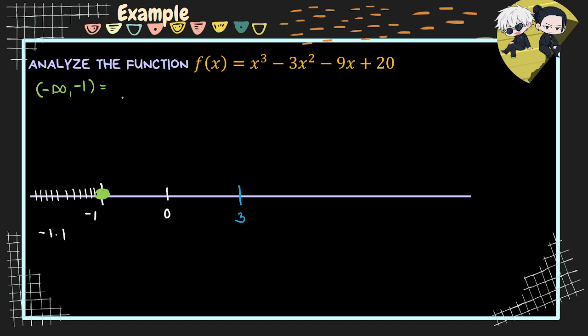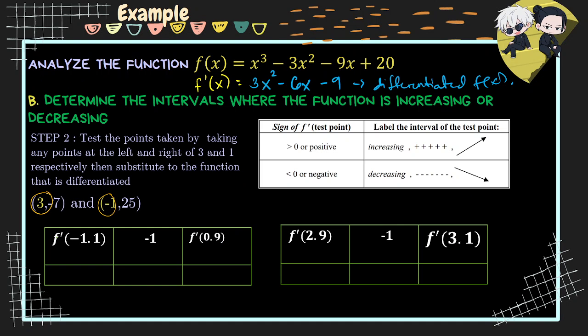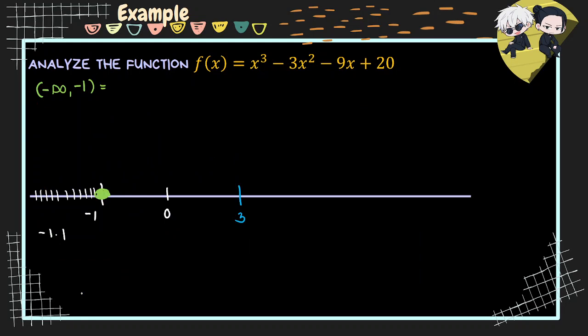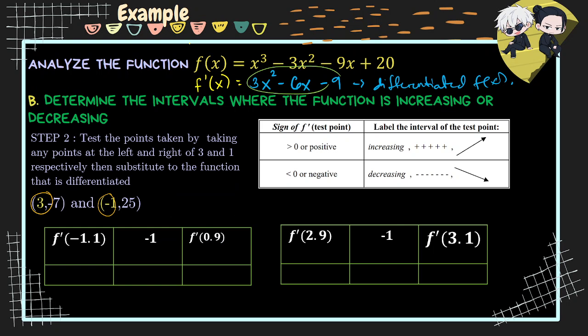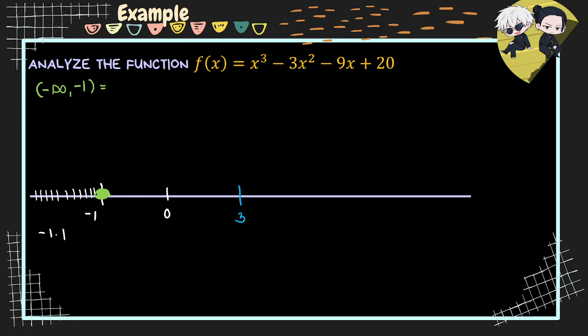Okay? Para matest yan, we need to substitute any value from the left of -1 to the differentiated function. So, pag sinubstitute natin dyan, we would obtain 3x squared minus 6x minus 9. So, 3 times -1 squared minus 6 times -1 minus 9.